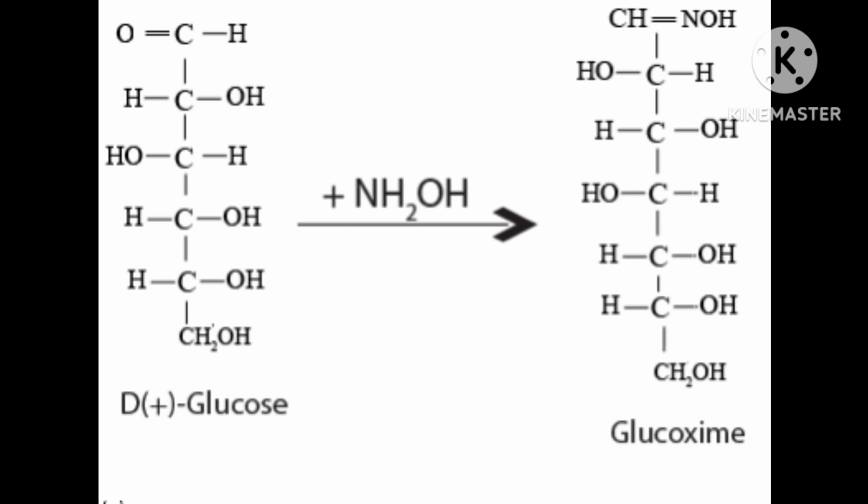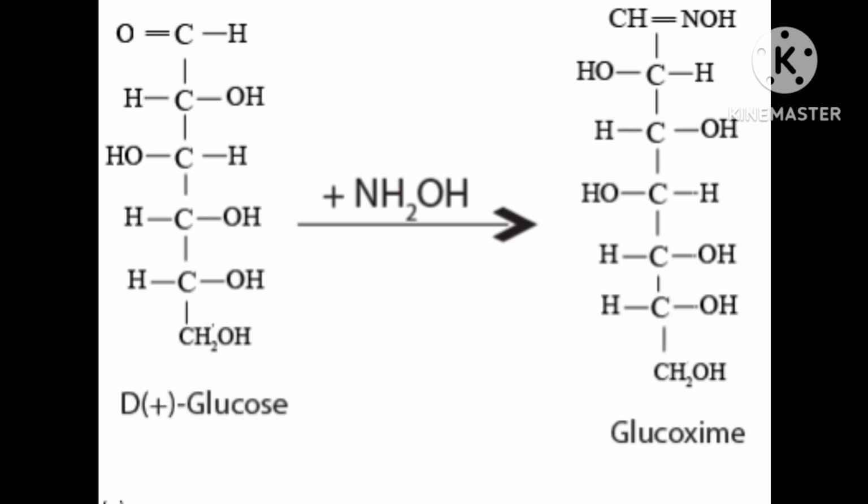Then what will happen? That H will go as H plus, then CN will have 1 negative. In a simple way you can understand the reaction, CHO plus HCN. Here the C and O double bond will become a single bond.